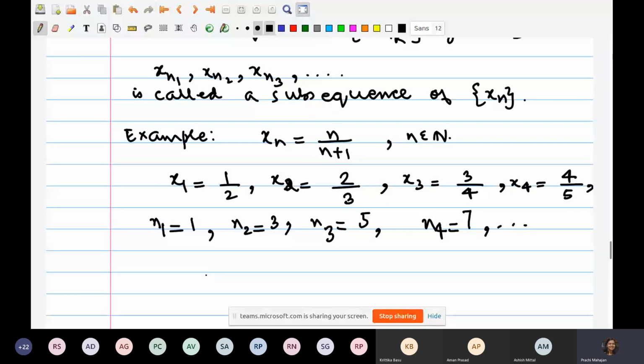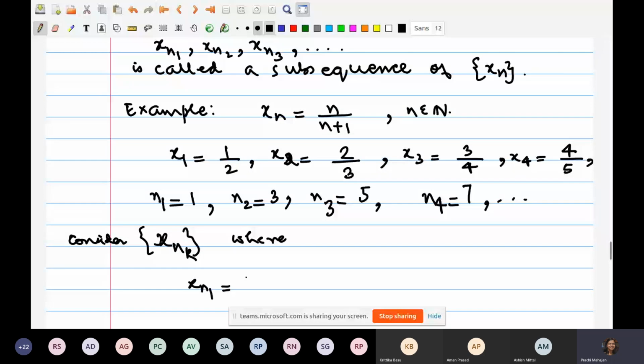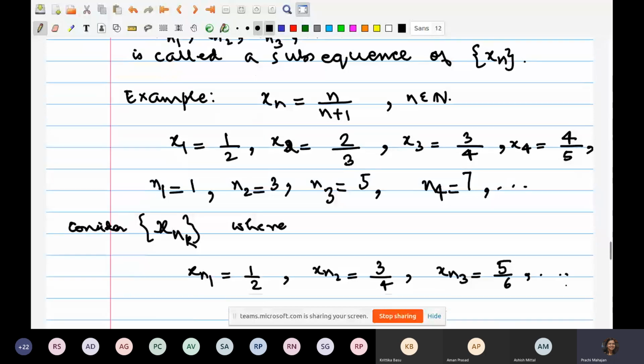My sequence is to consider the sequence x_{n_k}, where x_{n_1} is x1, which is 1 by 2. x_{n_2} is x3, which is 3 by 4. x_{n_3} is x5, which is 5 by 6, and so on. So this is a subsequence of the given sequence xn.